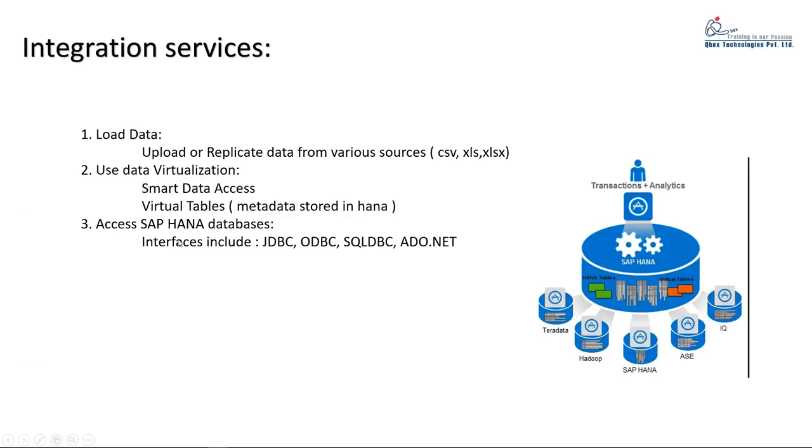Then accessing the HANA database. And see, in the first two cases we were looking at getting data into HANA, right? If you look at the third case, access SAP HANA database, we have different database interfaces like JDBC or ODBC or ADO.NET. Let's say you would like to leverage the HANA database and build some application or software on top of it using Python or .NET or Java, anything.